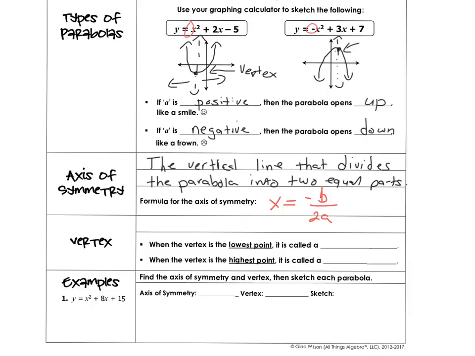The vertex is going to be the turning point of the parabola. If the vertex is the lowest point, we call that a minimum. If the vertex is the highest point, we call that a maximum.